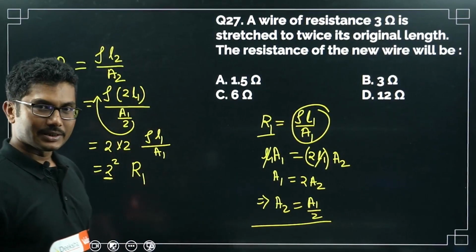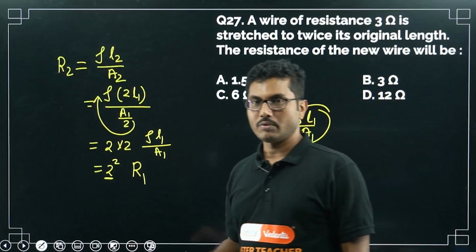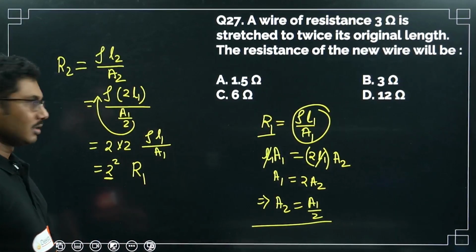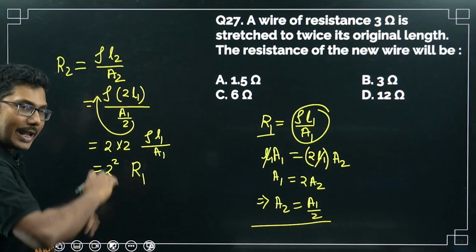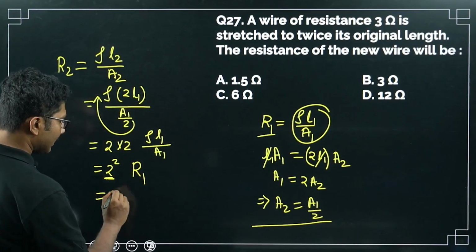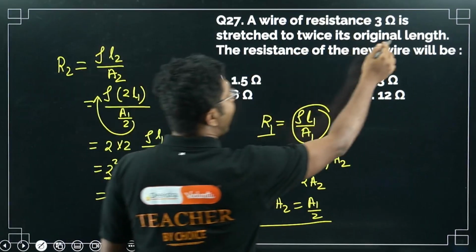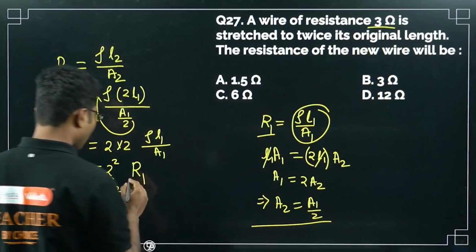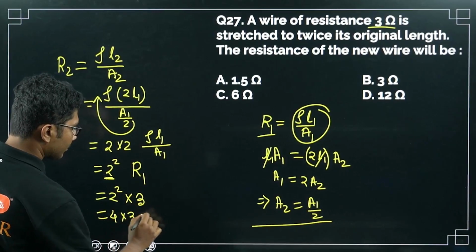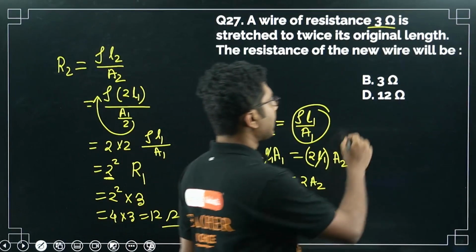If it is decreased, so halved means 0.5, or 1/3, then that will come here as a squared term. As you can see, in this case the length is twice, so 2 square, and the resistance was 3 ohm, so 4 times 3 equals 12 ohm. So the correct answer is 12 ohm.